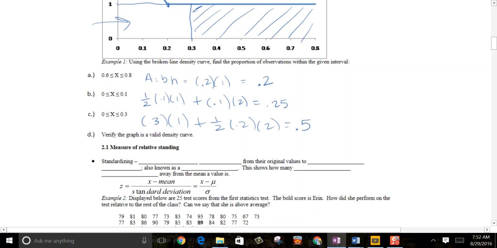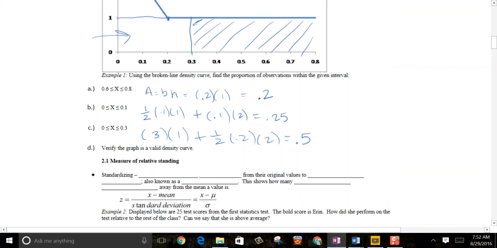Verify that the graph is a density curve. That just means that our total area is 1. Okay, so since we just figured out, I'm going to write from 0, what we just solved in part C, 0 to 0.3, that area equaled 0.5, and then we could do from 0.3 to 0.8, that has a base of 0.5, a height of 1, so it equals 0.5.